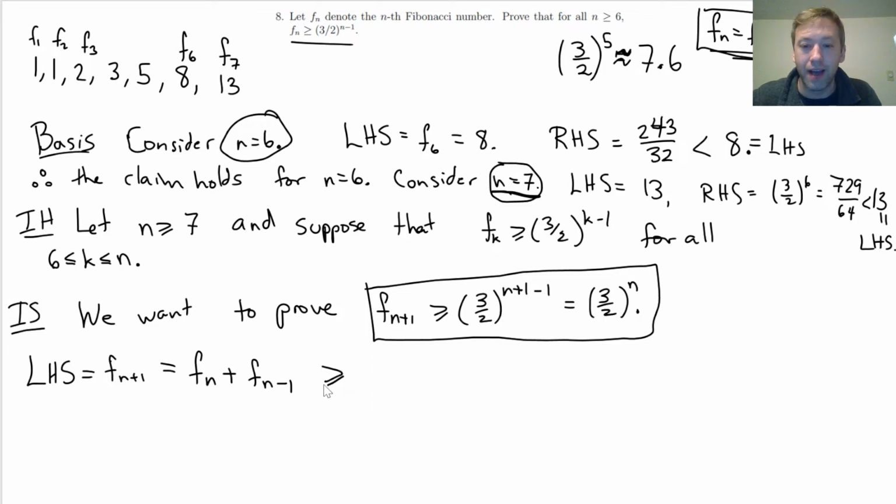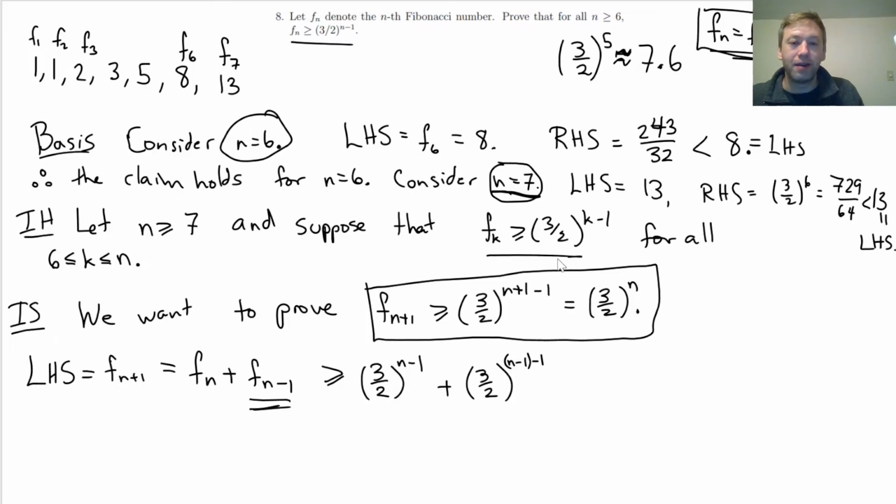So what I mean is that f of n we can write as being at least 3 over 2 to the n minus 1. And f of n minus 1 is at least 3 over 2 to the n minus 1 minus 1. Because that's just me applying the inductive hypothesis with k equals n and with k equals n minus 1.